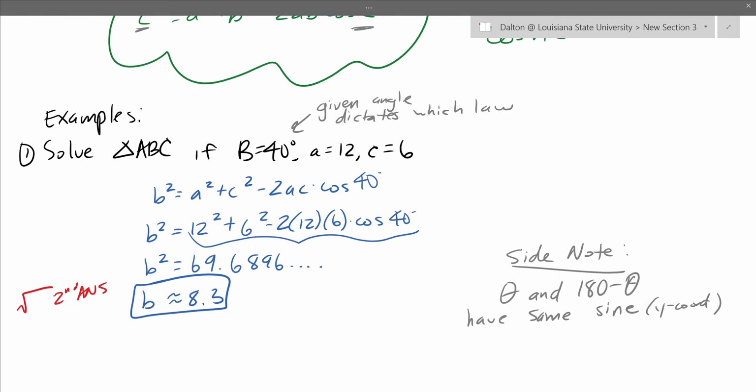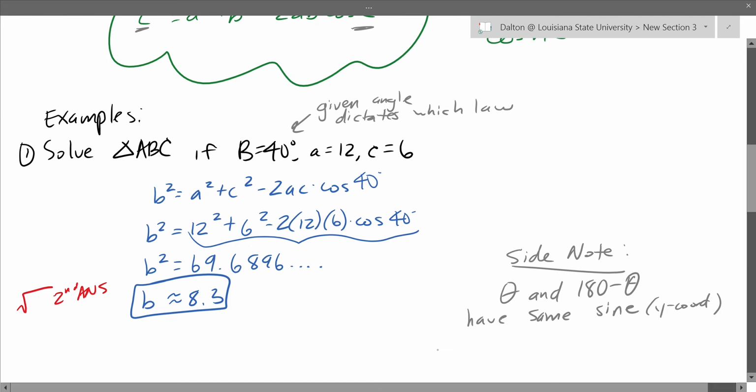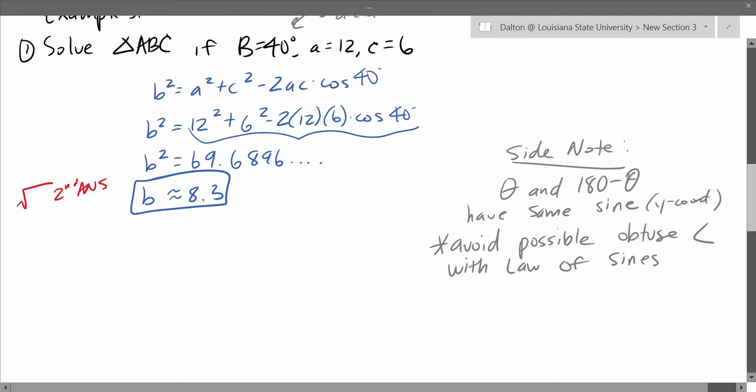So before you jump into the law of sines mindlessly, I want you to avoid the possible obtuse angle with the law of sines. Now, how the heck do we know which one is the possible obtuse angle?